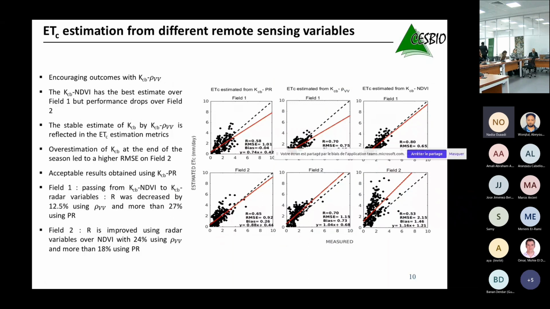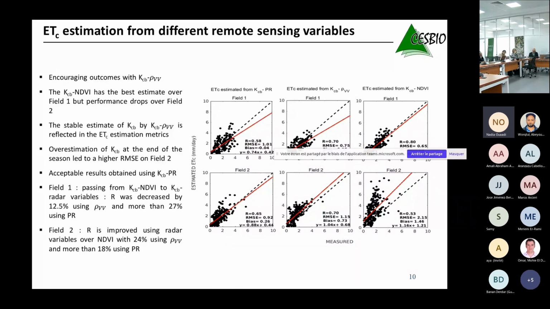Now, if we use this estimated basal crop coefficient to compute the evapotranspiration, we have this figure, and we can see that similar conclusions can be drawn as for the last figure.